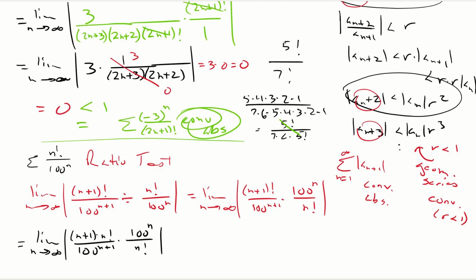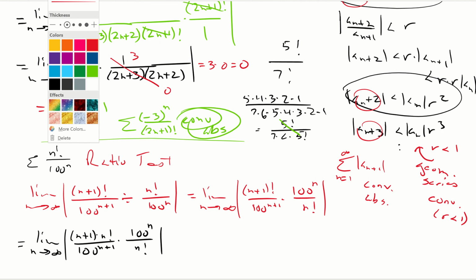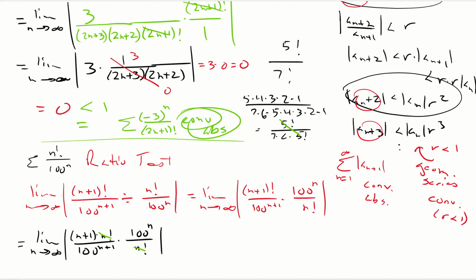No other test does that for us. So we're going to get our conclusion here shortly. You ready? Well, the n factorials cancel. All the factors of 100 except 1 cancel downstairs, and we're getting the limit as n goes to infinity of the absolute value of n plus 1 over 100.